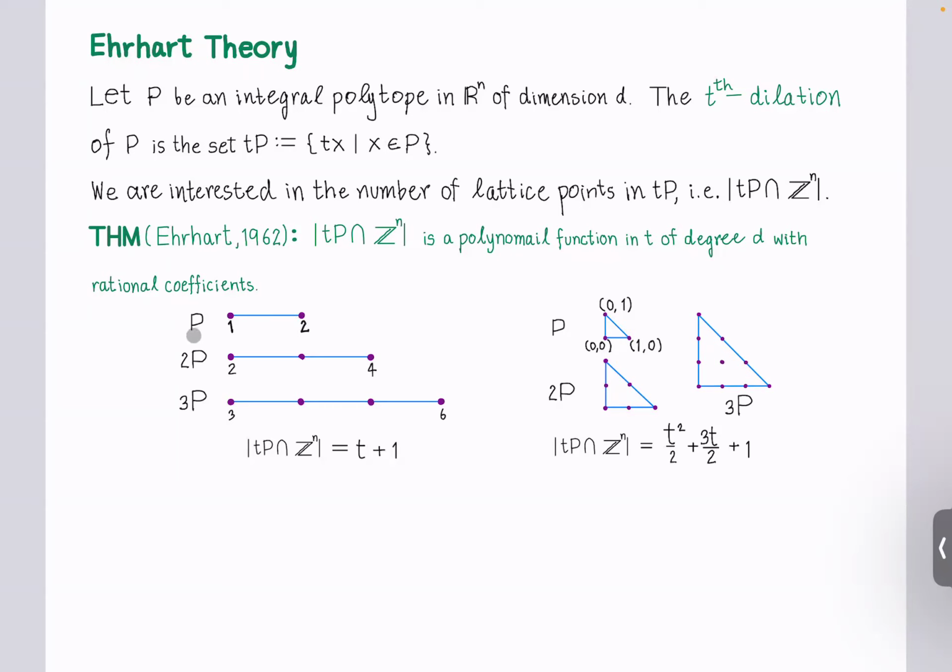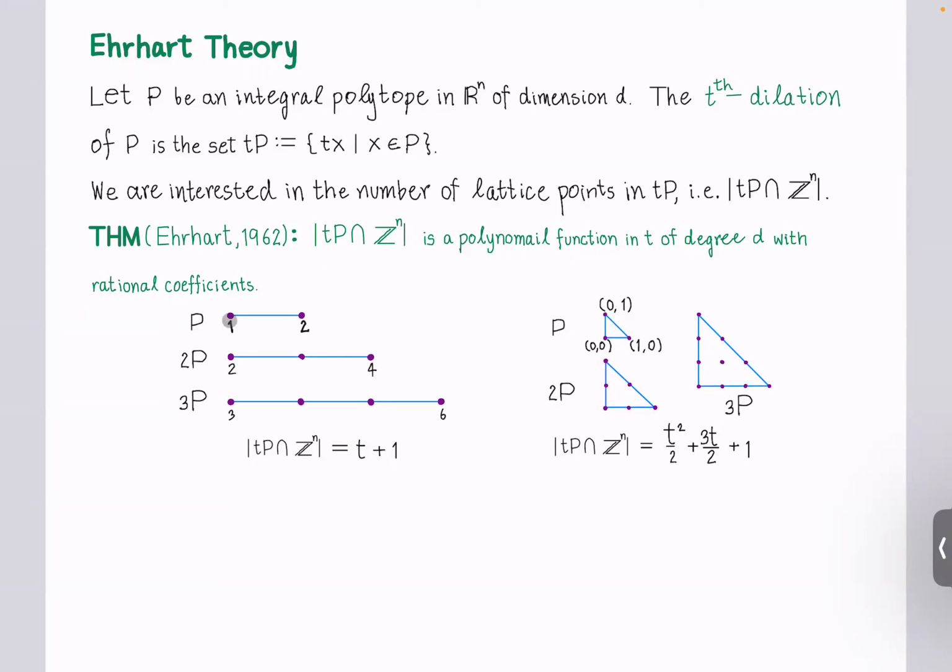Here, the first example, when P is this line segment from 1 to 2 in R^1, and it has dimension 1. So by Ehrhart theory, the number of lattice points is going to be a polynomial of degree 1. And let's see if we get that.